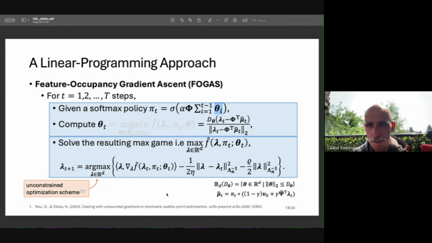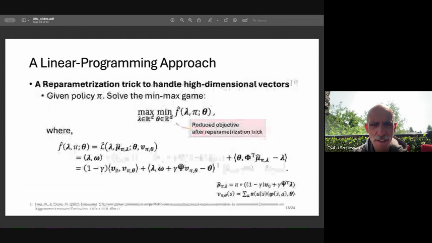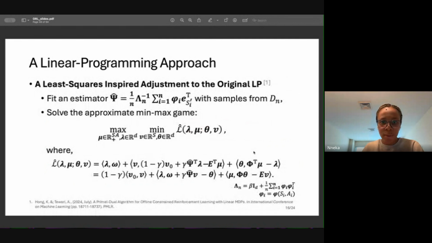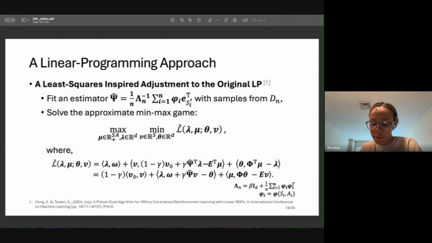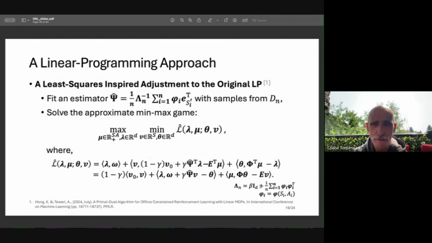So that would be kind of gradient descent. And there is this capital lambda n. I don't know whether that has been introduced. It's used in the norms. What is that? Yes, I should have. It was on this slide. Yes, I see. Okay, so feature covariance regularized with beta.